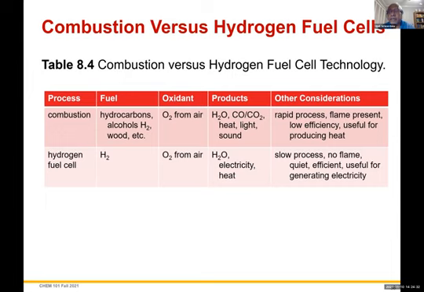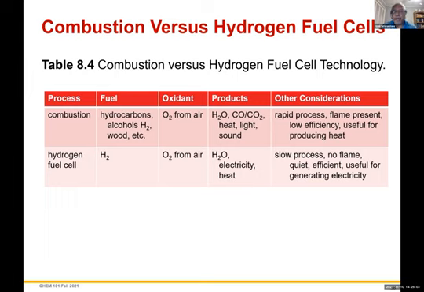It is a faster process because the flame is present. However, it is low efficiency. Not all the energy is converted into useful energy. Heat is dissipated. On the other hand, in a hydrogen fuel cell, hydrogen comes from the tank, and oxygen from the air, that's free.